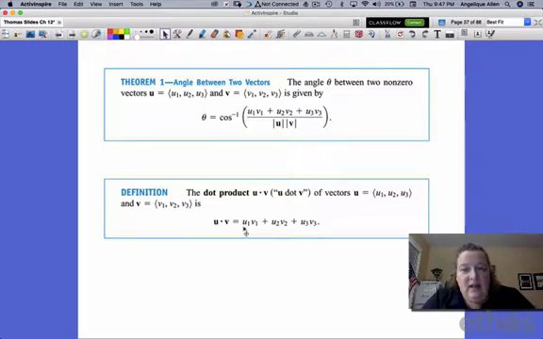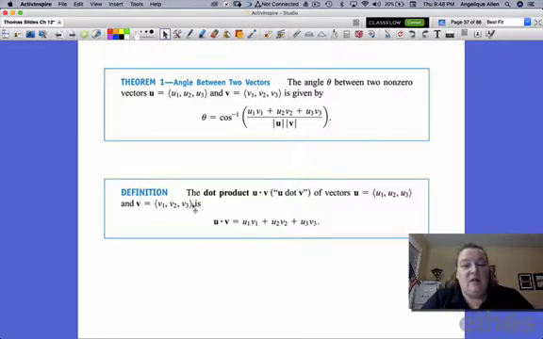Notice how this is all scalars, multiplied and then added. So the dot product of two vector quantities is a scalar quantity, and that's the main feature of this little formula that I want you to pick up on, as well as how to use it to find the scalar value of a dot product.